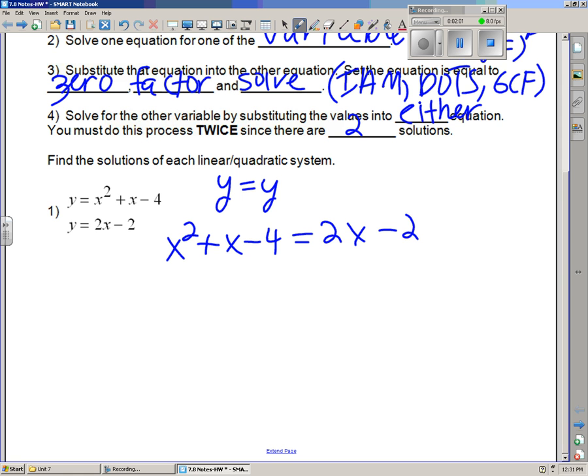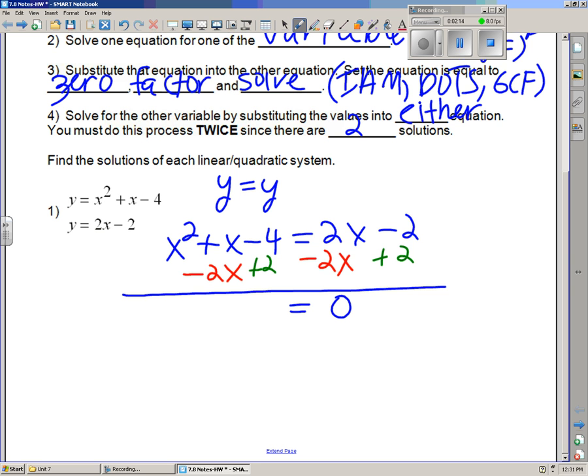Set the equation equal to 0. You're going to minus 2x from both sides. You're going to have to add 2 to both sides. This way, you're going to have nothing or 0 on the right. And then when you combine your like terms, x squared minus 1x minus 2 equal to 0.